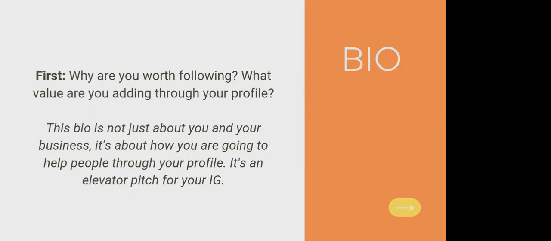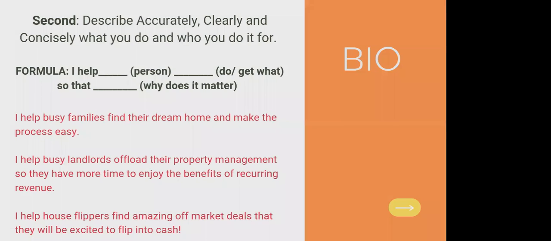So you want to think about the people you're trying to reach, not just who you are as a business owner. And you want to craft a bio that describes accurately, clearly, and concisely what you do and who you do it for. There's a handful of formulas that I like to use for these elevator pitches and bios.